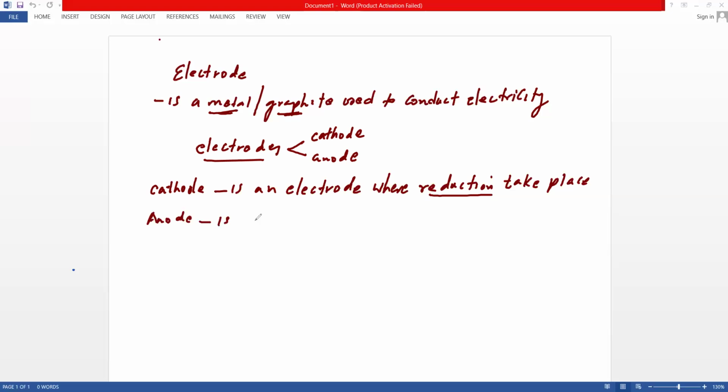An anode is an electrode where oxidation takes place. These are the two types of electrode we're going to talk about in this session. It's very important to know that. Then another thing, you need to know the two types of electrochemical cells.